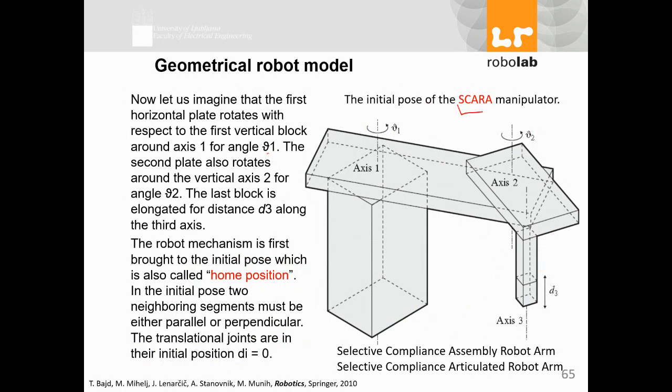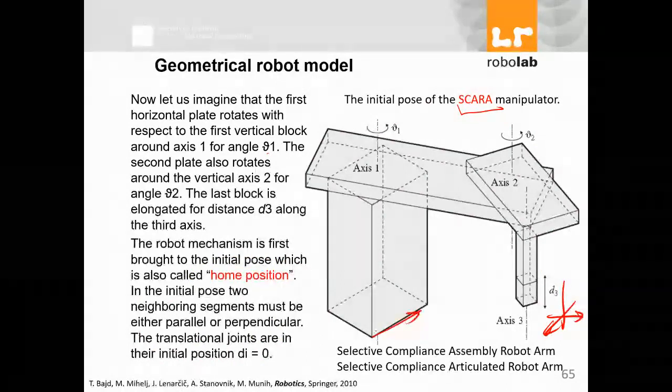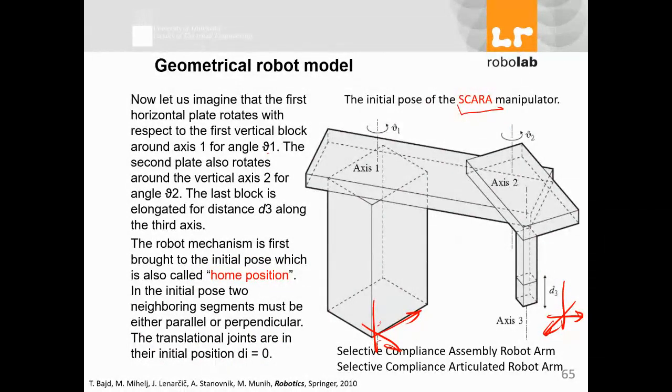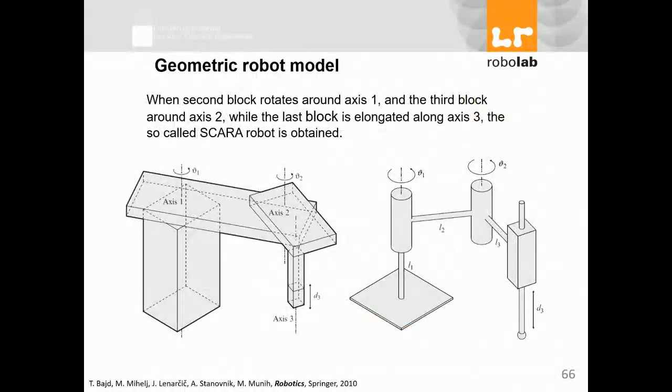This is called a SCARA manipulator, selective compliance assembly robot arm. Now the question is, if I have this theta and d changing, how do I find the coordinate system here versus here? That makes it more complicated.